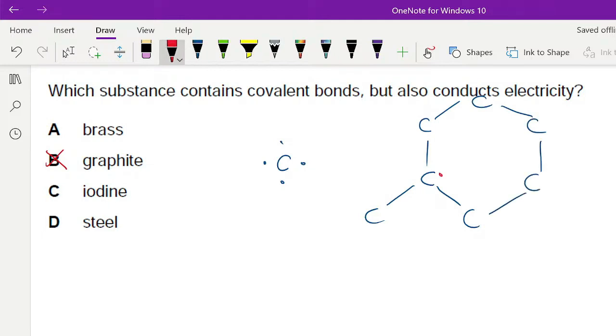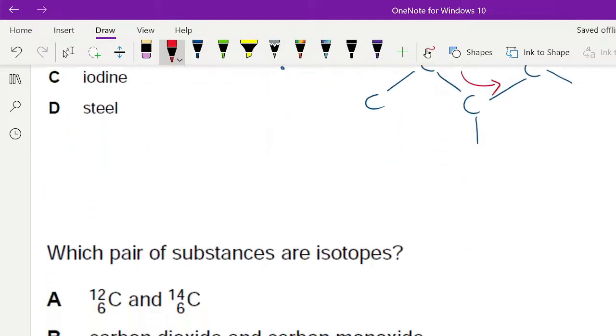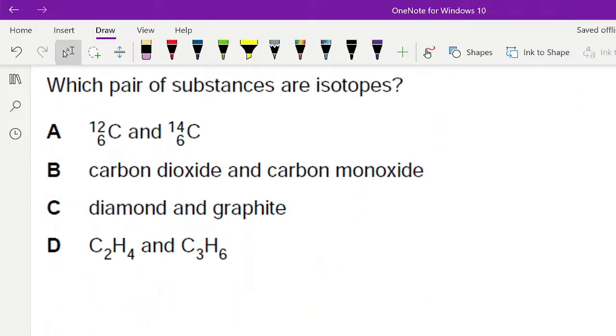So there is 1 electron per carbon that is not involved in covalent bonding. These electrons can then freely move, and we call these delocalized, and it enables graphite to conduct electricity.